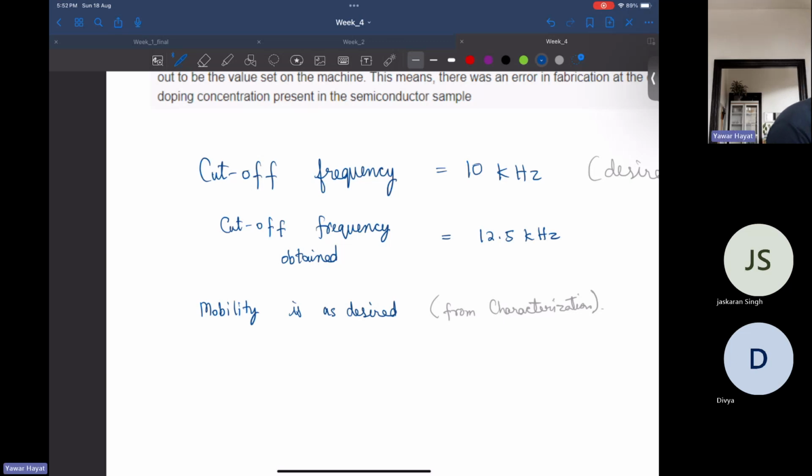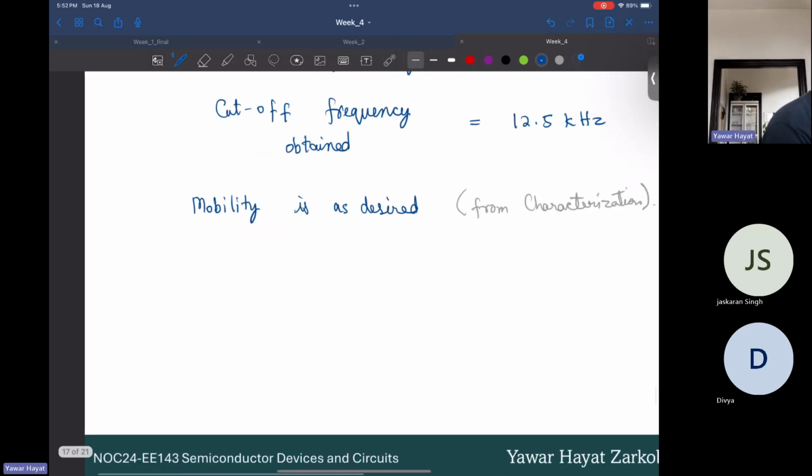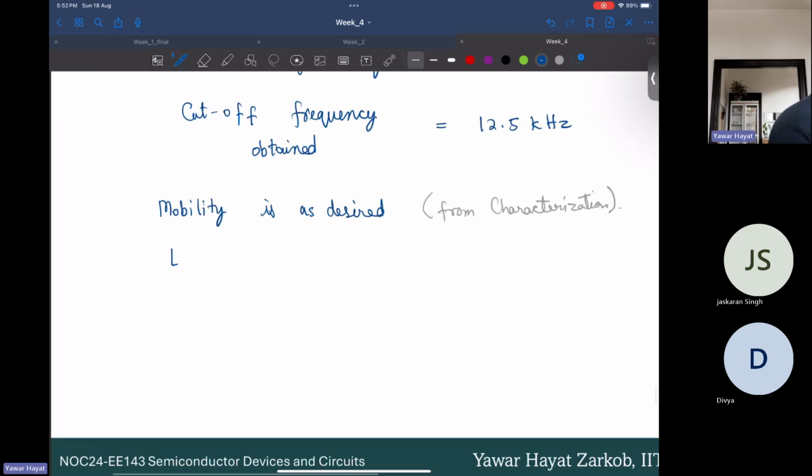Low pass filter cutoff frequency. What is the expression? That is equal to 1 by 2 pi RC.